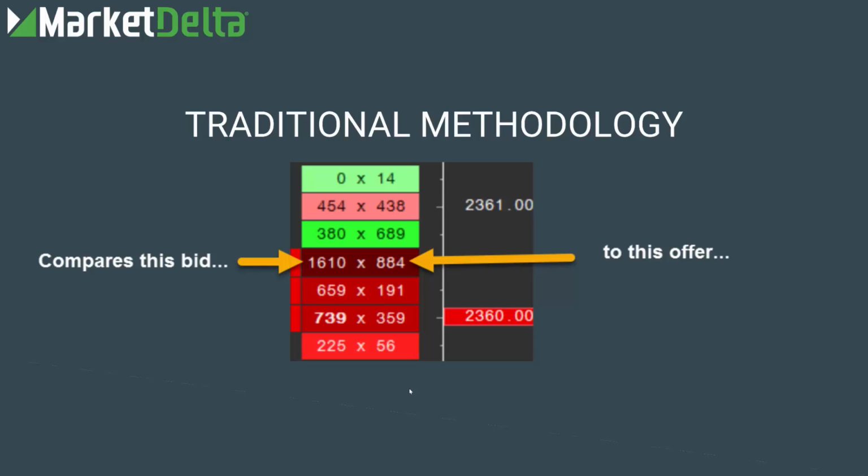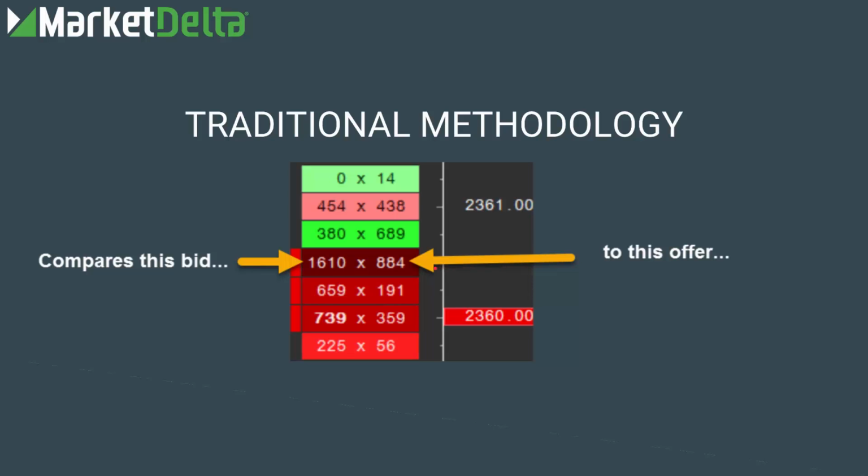methodology, what it does is it compares, let me turn on my laser pointer, it compares this bid, this price, the single price, so it's 2360 half. This price right here, it's 2360 half.